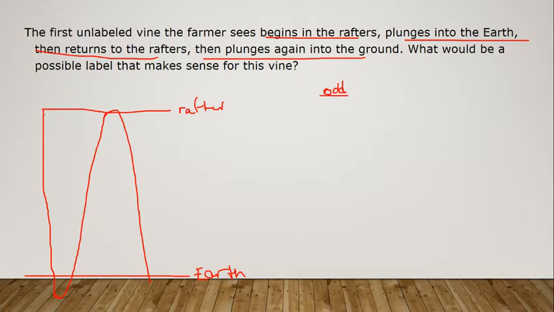If we look at our odd functions, x would just be straight. What about the next one, x cubed? This looks like an x cubed to me because x cubed would come down, loop back up, and loop back down. So a possible label that makes sense is x cubed.